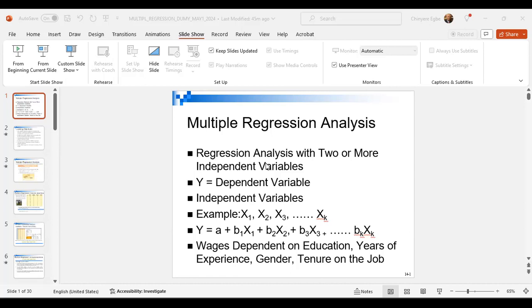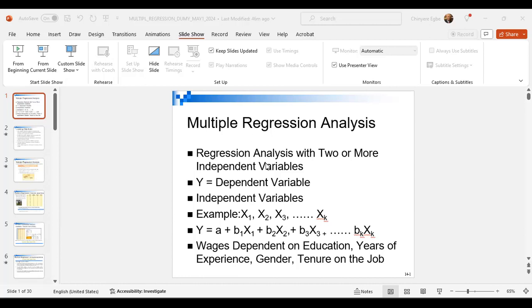And so, we specify a model of y equals a plus b1 x1 plus b2 x2 plus b3 x3, plus error.